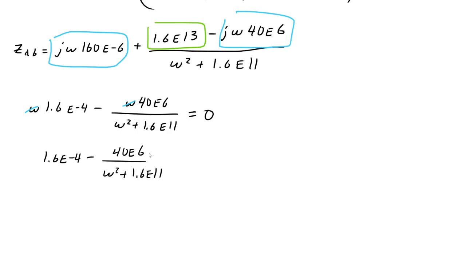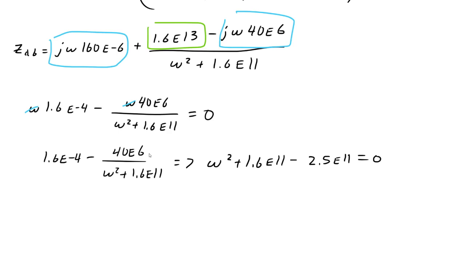I'm just trying to simplify all this out. So that's going to be something like omega squared plus 1.6 E11, times 1.6 E minus 4, and then minus 2.5 E11 equals 0.